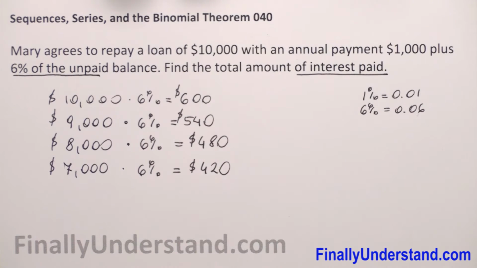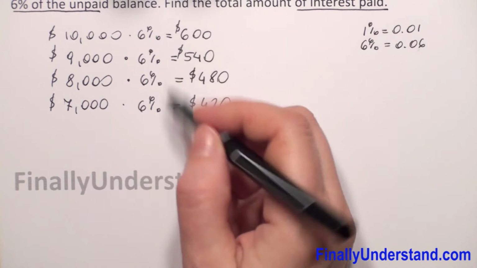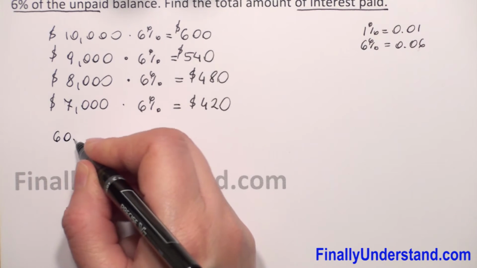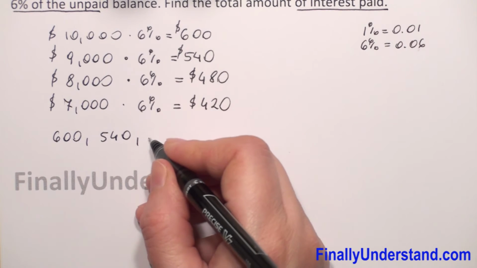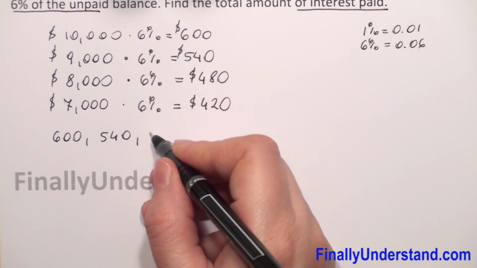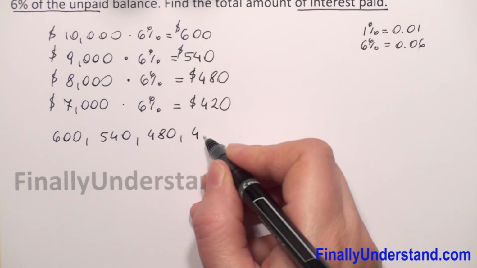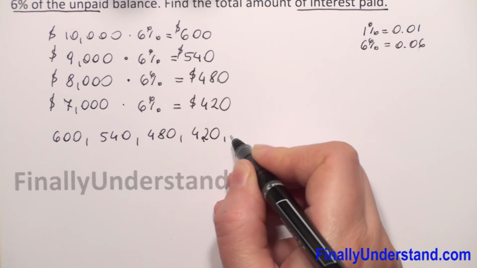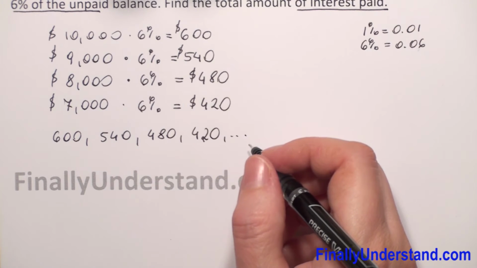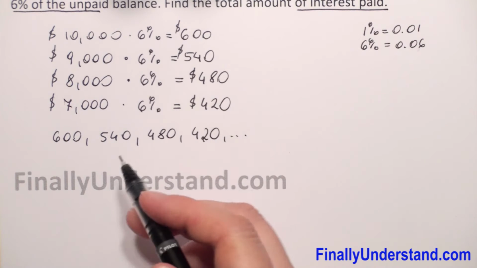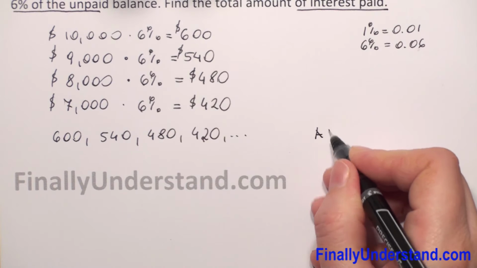So if we write these terms without dollars, what will be 600 first term, the second is 540, the third is 480, the fourth is 420, and will be so on until she paid everything. What we see here, that we have arithmetic progression.